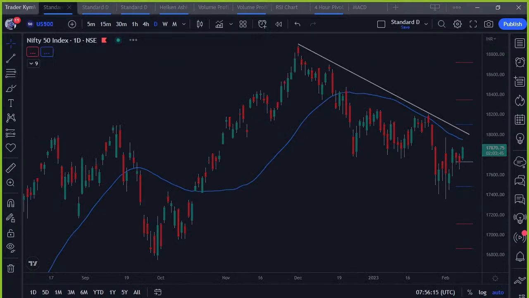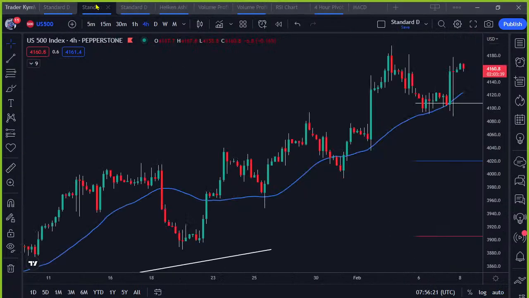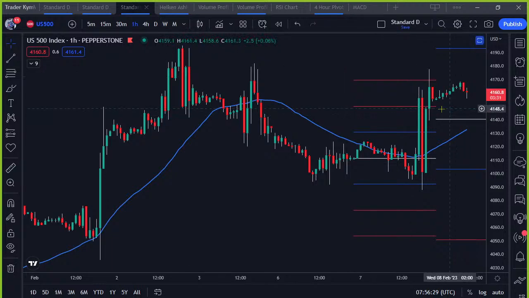Okay, S&Ps. Higher lows, higher highs still continue on the daily basis. There's nothing really changed there, just this ugly price action that we saw yesterday. At 5 o'clock it flew up and then down and then up again, and a bit of a mess going on there.